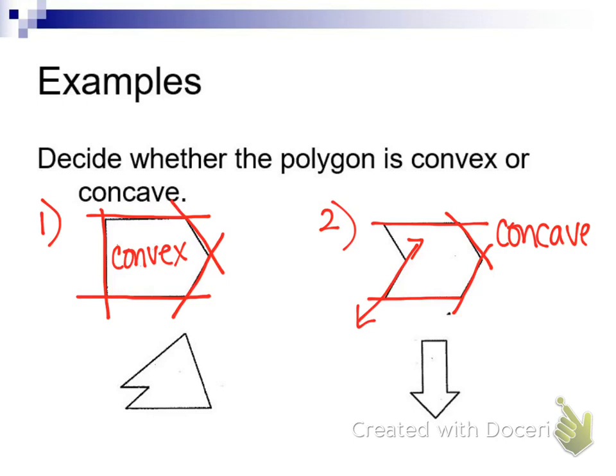What do we think about the third one? Concave again. If you see where it cuts in, you can go ahead and trace over that right away. It cuts into itself over on the left side. So that is concave. What about 4? Where does it cut into itself?